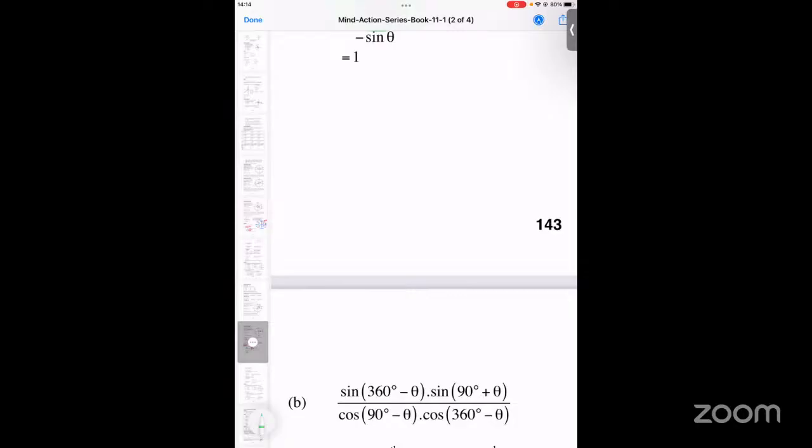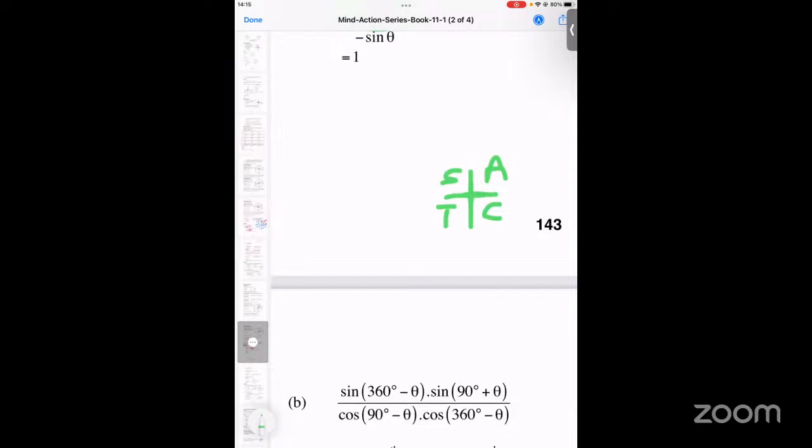Done, sir. Okay, so how did you work it out? The sin of 360 minus theta, I changed it into negative sin theta.